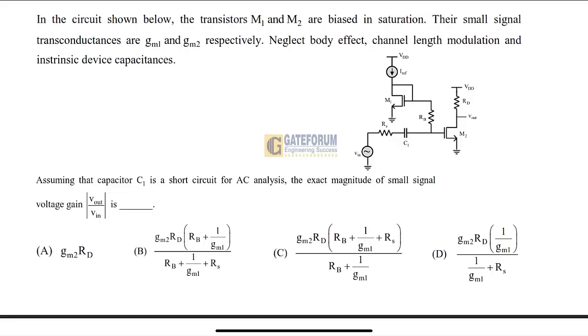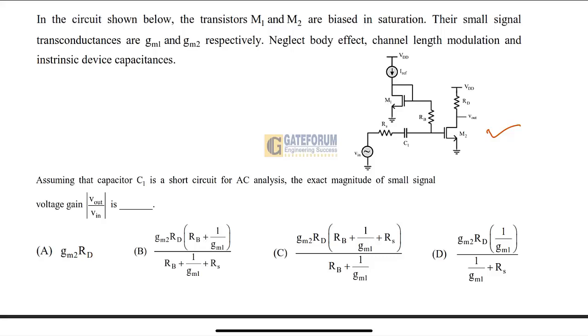So the question here is: in the circuit shown below, the transistors M1 and M2 are biased in saturation. Their small signal transconductances are gm1 and gm2 respectively. Neglect body effect, channel length modulation and intrinsic device capacitances. And this is the circuit given for this question.